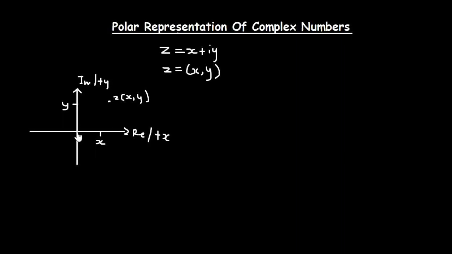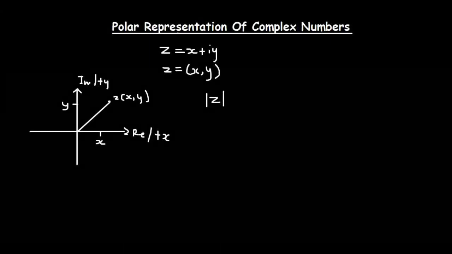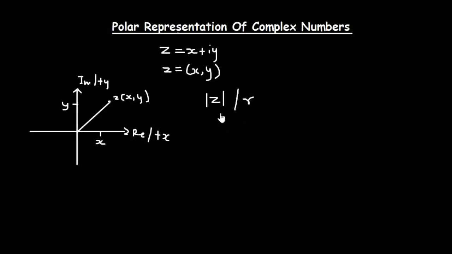So when I measure the distance from this origin to the point of plot, that distance is known as the modulus of the complex number z. This modulus is often represented with the symbol absolute value of z, or with the symbol r. You can represent the modulus with this symbol or r.